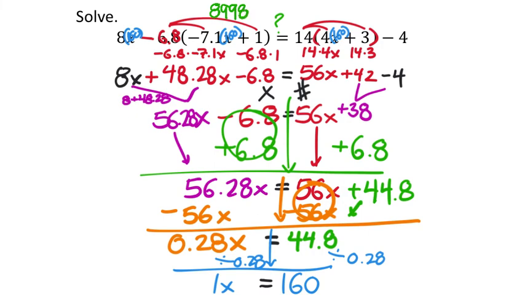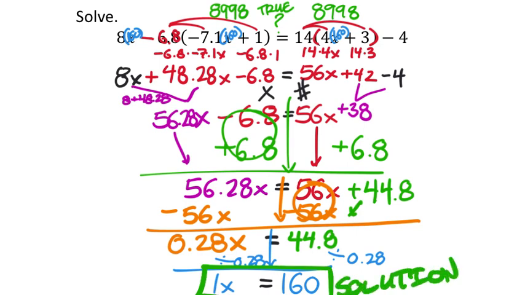Let's find out. 14 parentheses, 4 times 160 plus 3 close parentheses minus 4, enter. And I get the same answer, 8,998. So that is true. Since we got a true statement by replacing the x with 160, I now know that it is the solution.